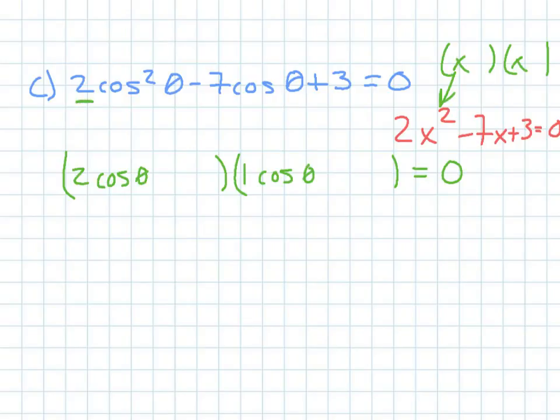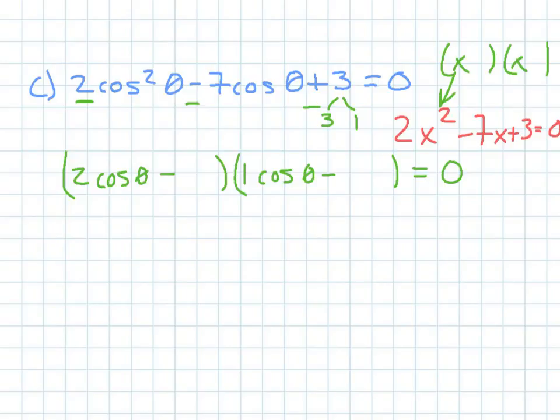Now let's figure out where you would put the factors of 3 and 1 so that you could add up to get negative 7. Since it's negative plus positive, that means they're both going to be minus minus.